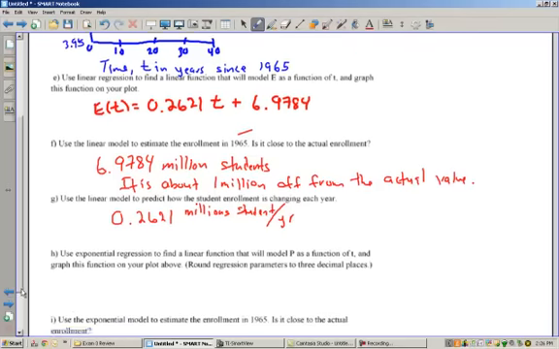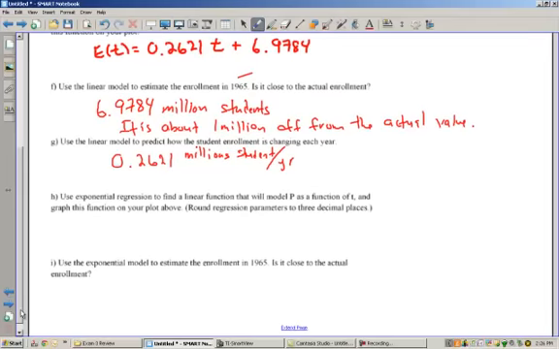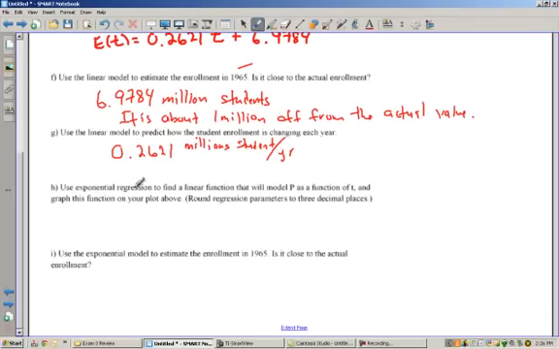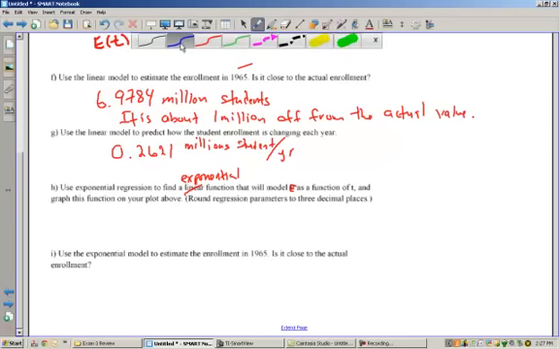Okay, in part H, it says that we want to use exponential regression to find an exponential function that will model E as a function of T, and graph this function on your plot above. Round regression parameters to 3 decimal places. All right. So now, again, we'll pull up our calculator.